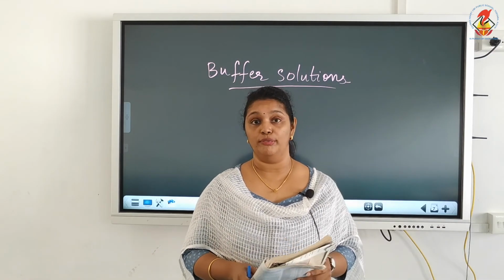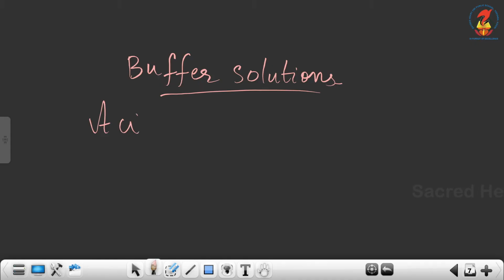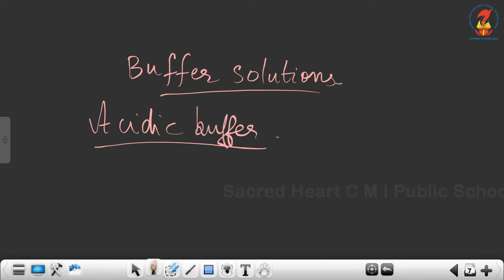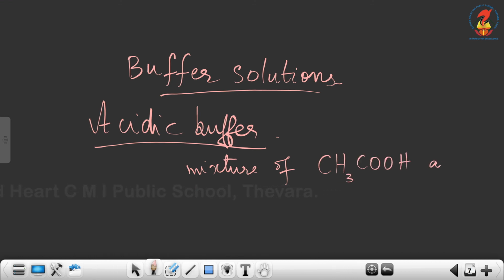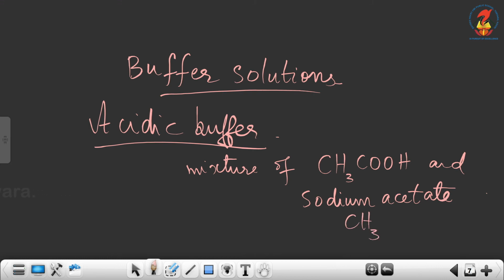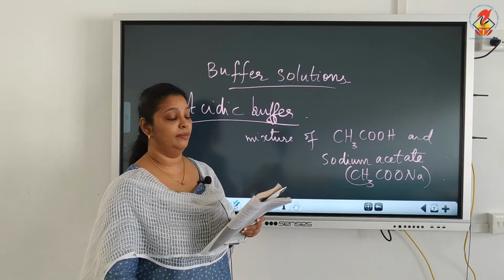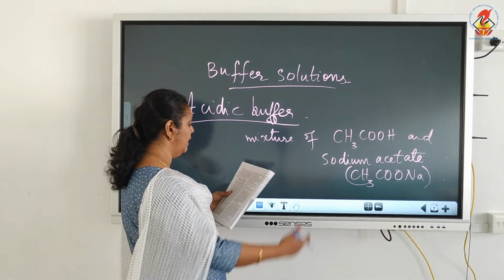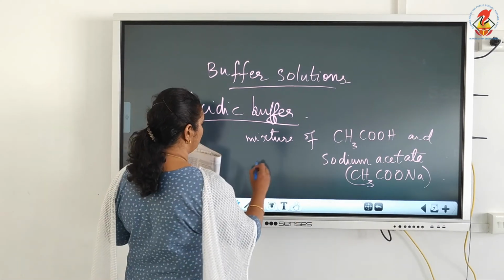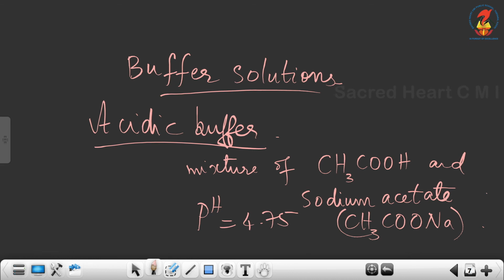Now we have two types of buffer. One is called acidic buffer and the second is basic buffer. An example you have to study for acidic buffer: mixture of acetic acid and sodium acetate. You know the formula of sodium acetate, CH3COONa. This is an example for acidic buffer, and this acidic buffer acts as a buffer solution around pH 4.75.